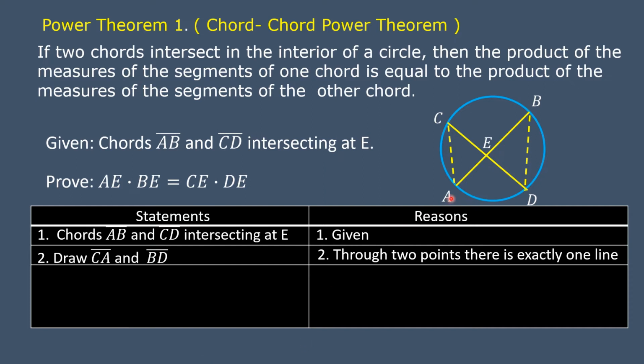There is exactly one line through points A and C, and segment CA is a part of that line. There is exactly one line through points D and B, and segment BD is a part of that line.